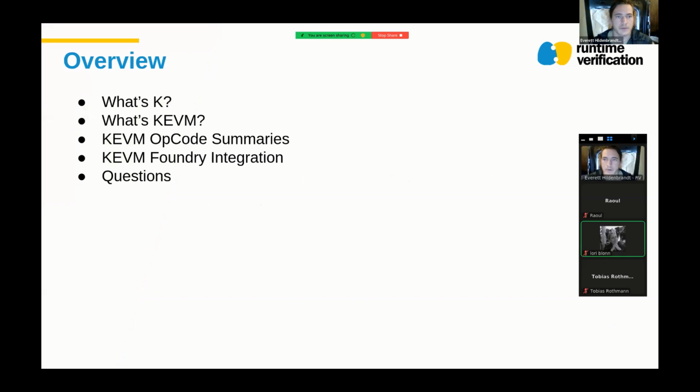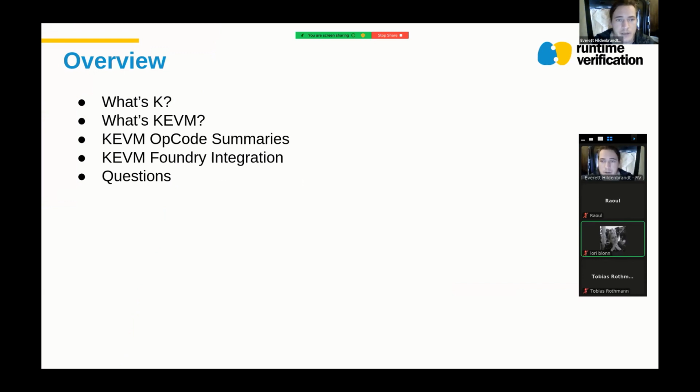Yeah, so the overview of the presentation: what's K, what's KVM, and then I'm going to show a cool KVM opcode summary thing. The reason I want to show this is to demonstrate the underlying technology that we're using. I think it helps to understand better what the underlying technology is.